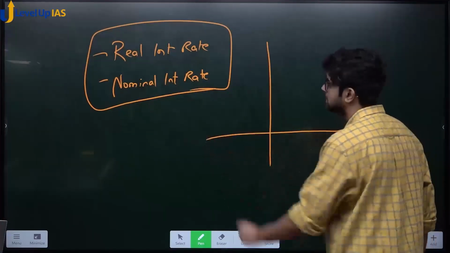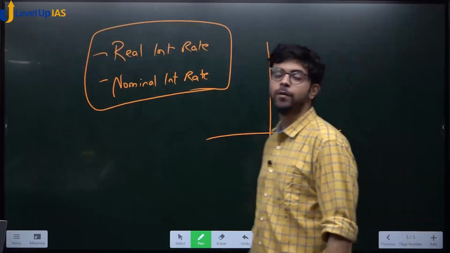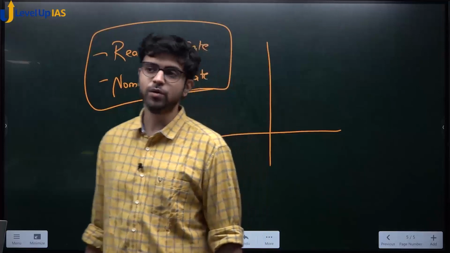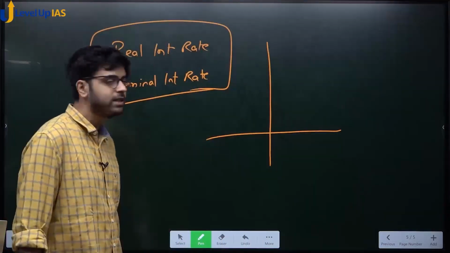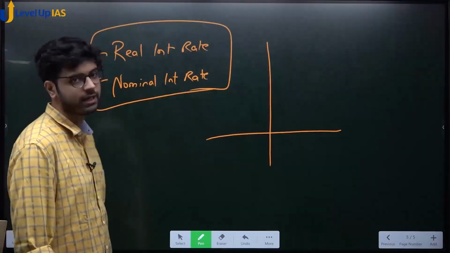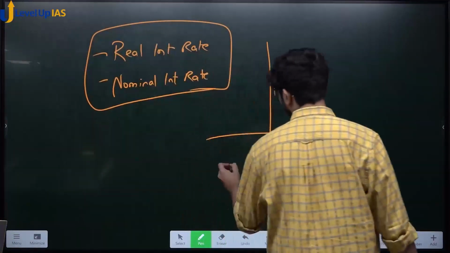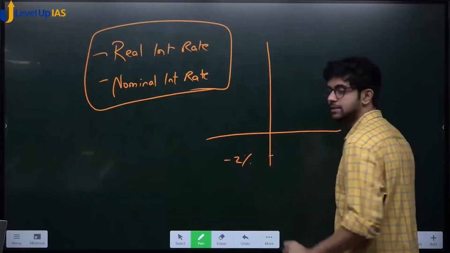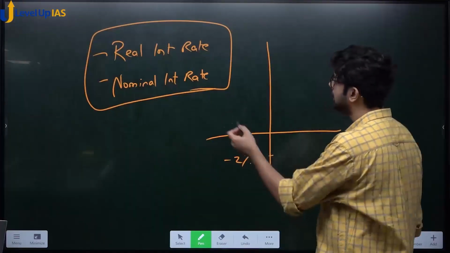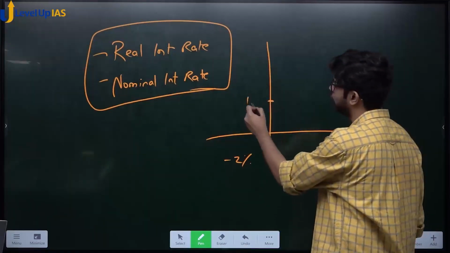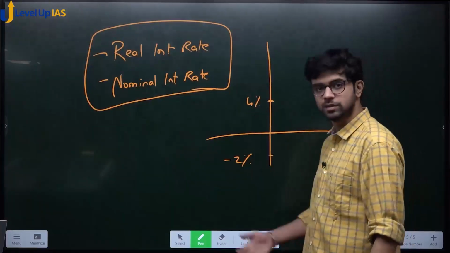Now tell me, when I talk about negative interest rate regime, negative interest rate policy, which rate am I talking about? Nominal or real interest rates? I'm talking about real interest rate. So when I say repo rate is -2% in Japan, let's say, which means the nominal interest rate is somewhere around 4%, inflation is somewhere around 6%.